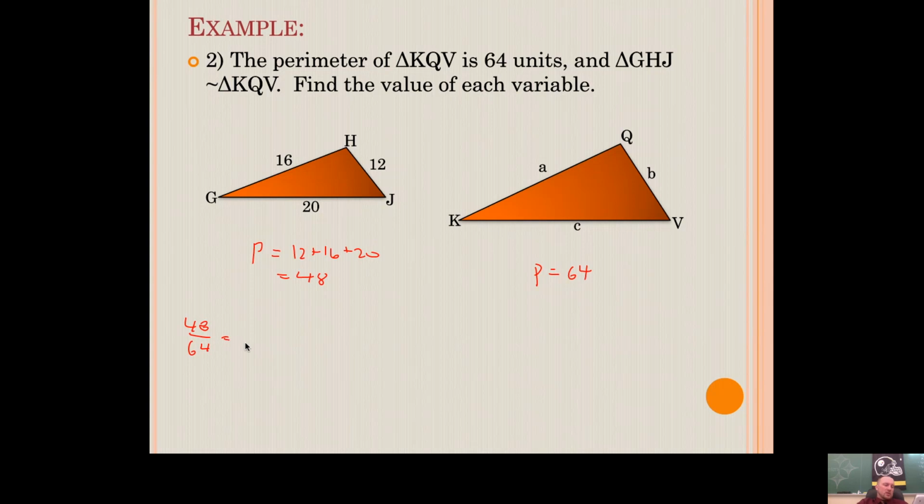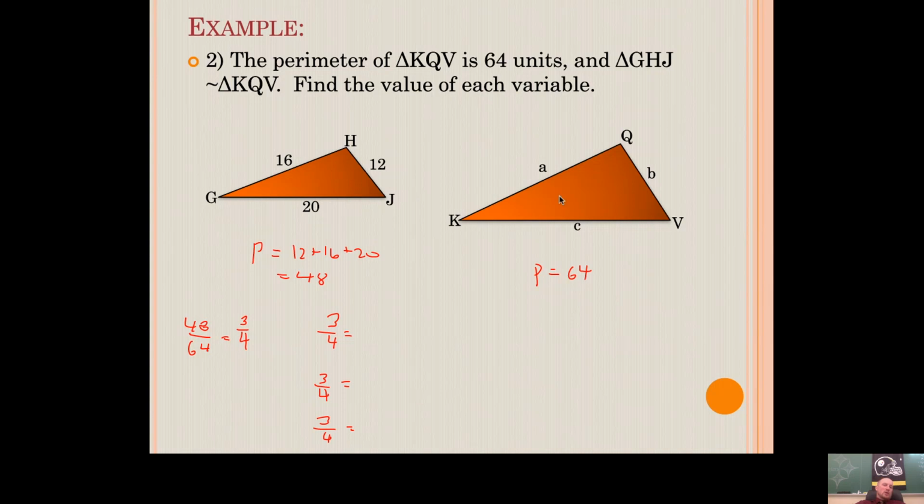I'm going to type this in. We're going to see what it equals. 48 divided by 64. That's 3/4. So that means our sides that correspond need to be in that ratio of 3 to 4 as well. So I'm going to say 3/4 equals 3 different ratios. And then I can cross multiply and solve.